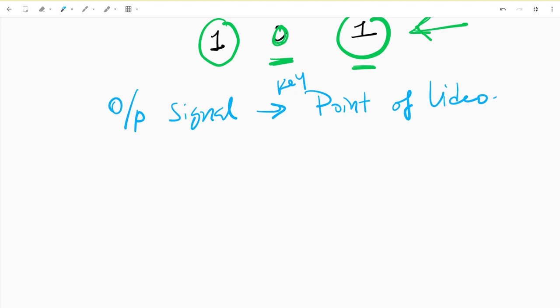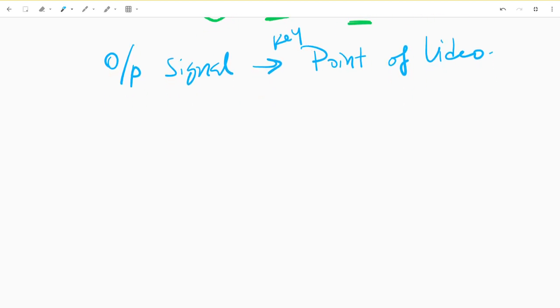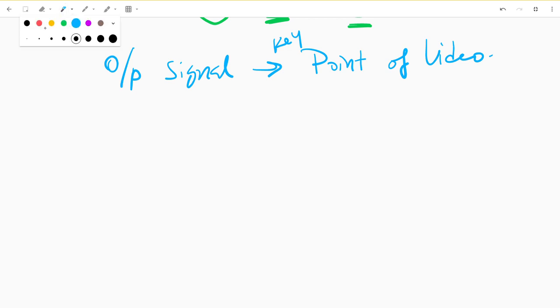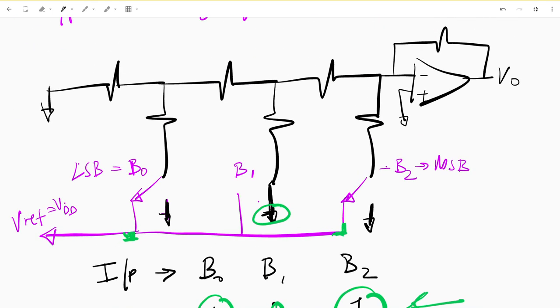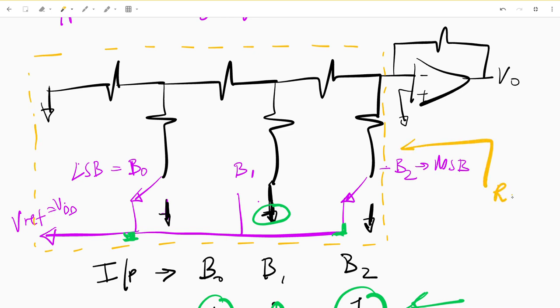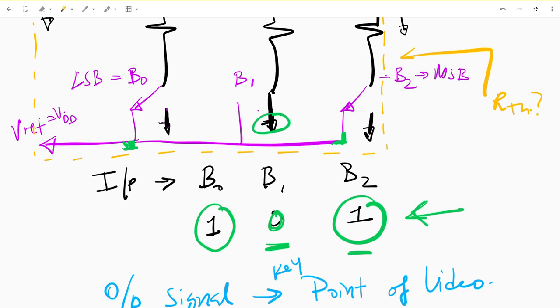In order to generate what the output will look like, we start off by finding what's called the R Thevenin of this circuit, and we make a dashed line around this circuit, where R Thevenin will be looking in here. What is RTH?